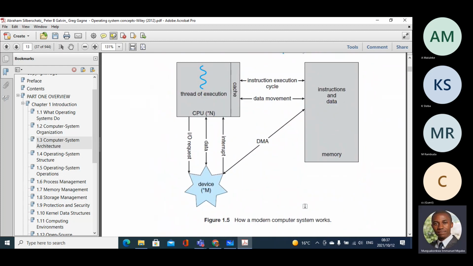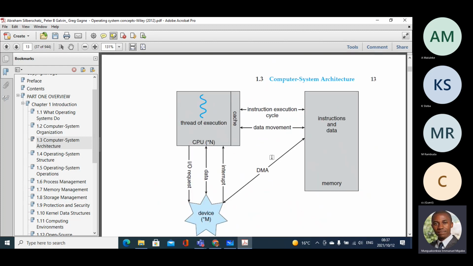If we refer to figure 1.5, it's applicable to a modern computer system, and the modern part is just to emphasize that we have the DMA implemented. If we look at memory, which of course stores both data and instructions, and we've got an external device, any IO device, whether an input or output device, we can choose one.